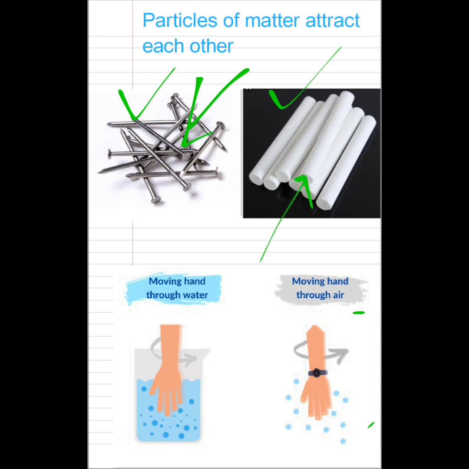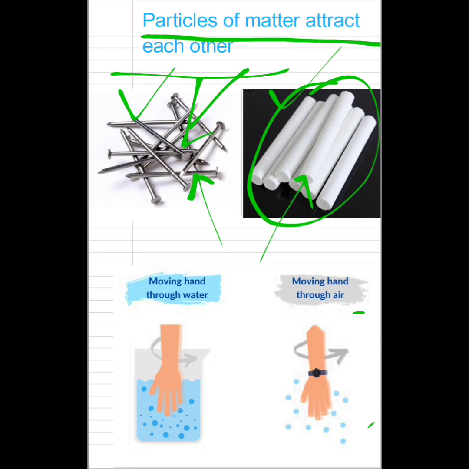It is quite obvious from your experience that this chalk will easily break down by just one hit of the hammer. But in the case of nails, it will not happen. Why? This is because particles of matter attract each other, due to the force of attraction.